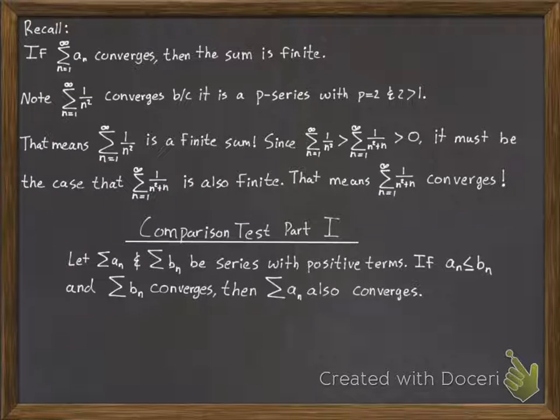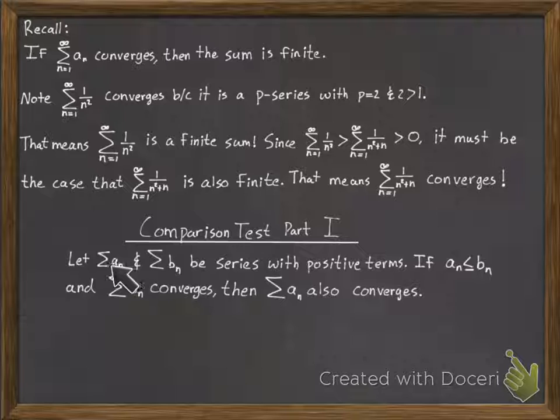Why is this the case? Remember, if b sub n converges, then this series is finite. If all of the terms in my a sub n series are less than the corresponding terms in my b sub n series, then this sum is going to be less than that sum.